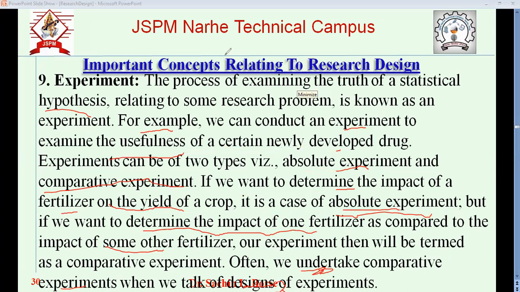But when we compare with another fertilizer, we can come to know which fertilizer is better. We know that fertilizers improve the yield of a crop, but our interest is which one is better, and what amount is better. So the comparison is very important.